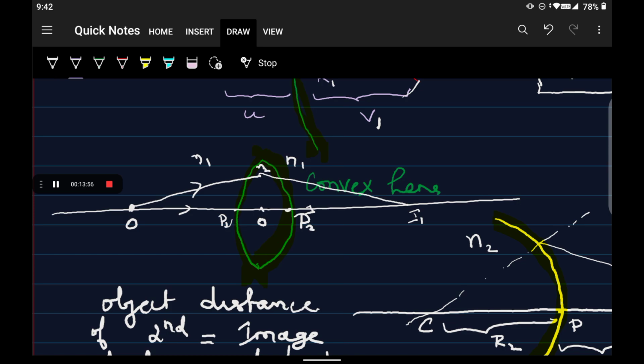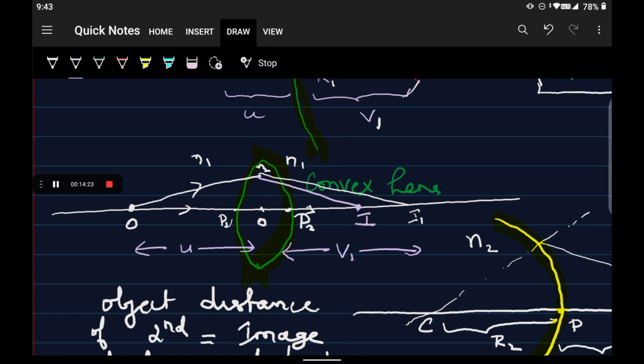This is your object distance U, and the image distance V1 will be the virtual image. This virtual image will act like an object for the second refracting surface, and with its help the final image will be converged here.